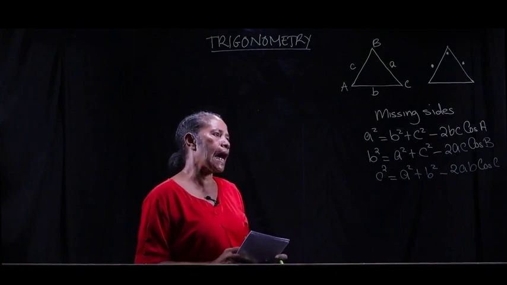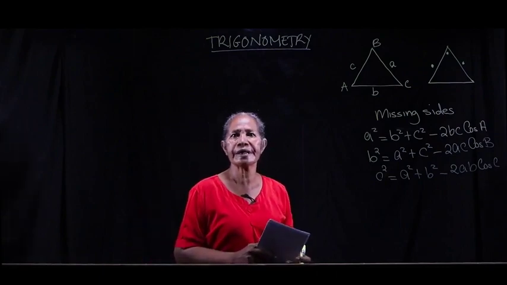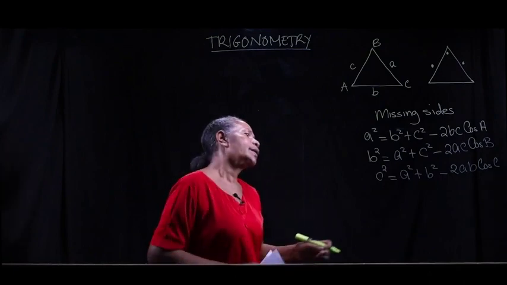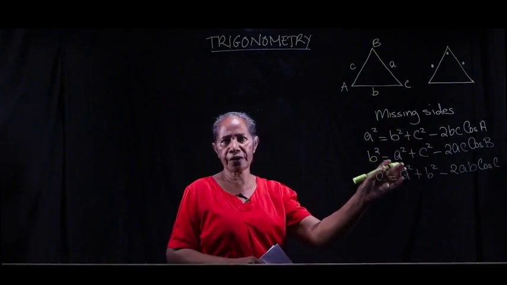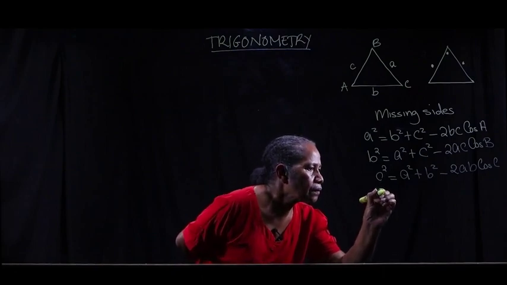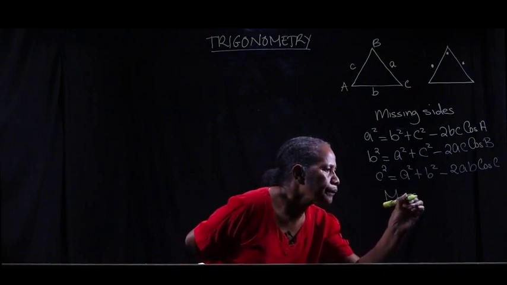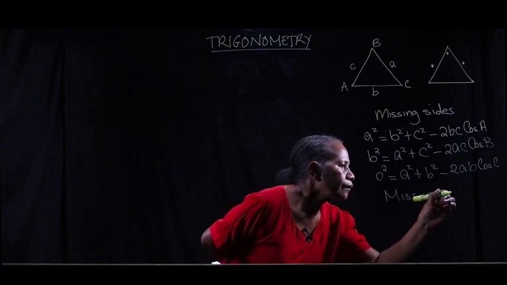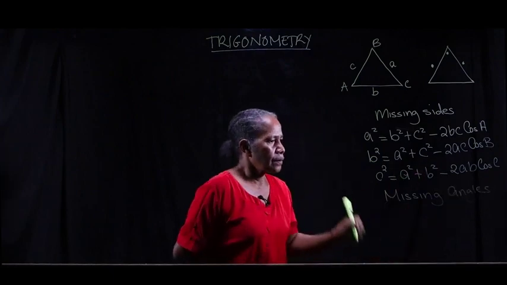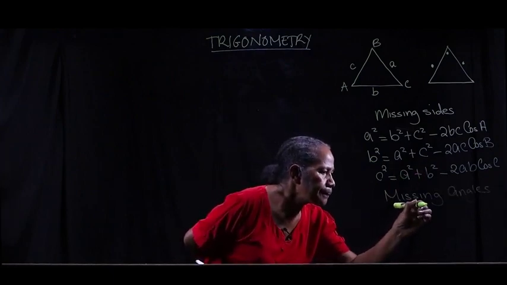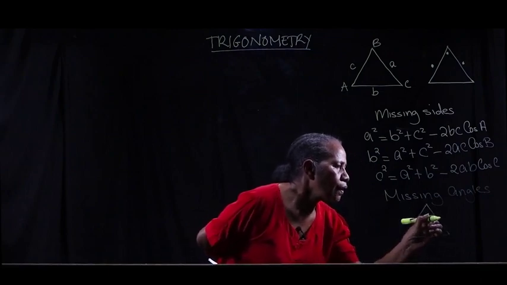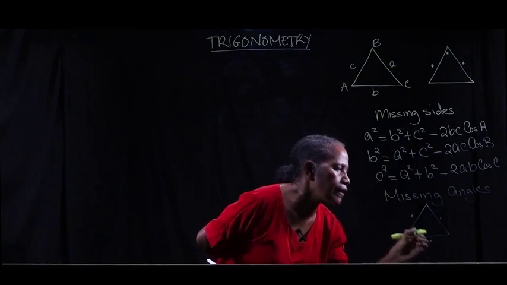Now we are going to look at how we can write the rule for the missing angle. For a missing angle, we are going to be transforming one of these formulas. For missing angles, we definitely have a triangle with all three sides given.